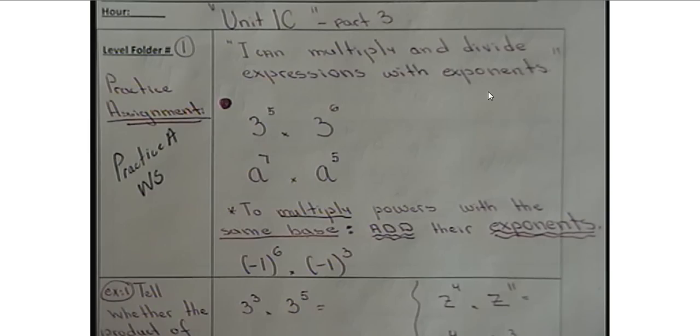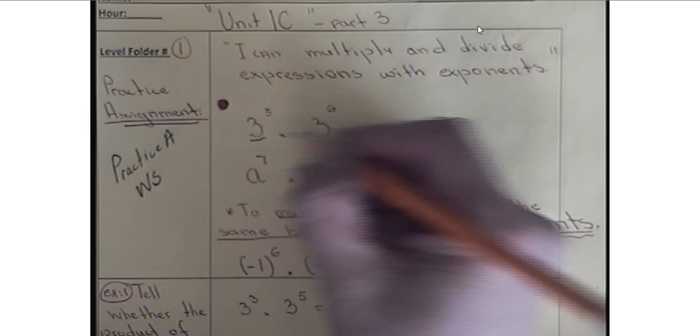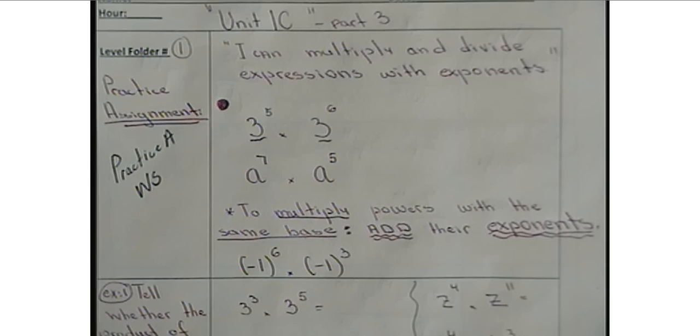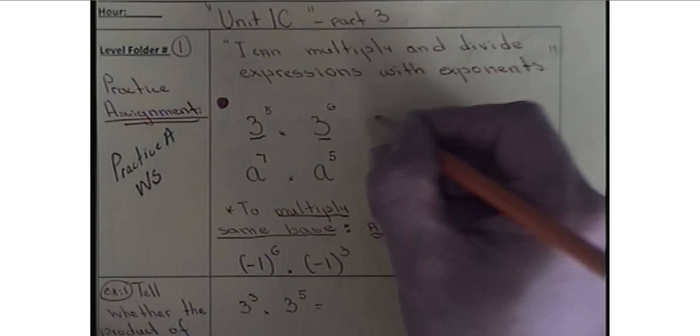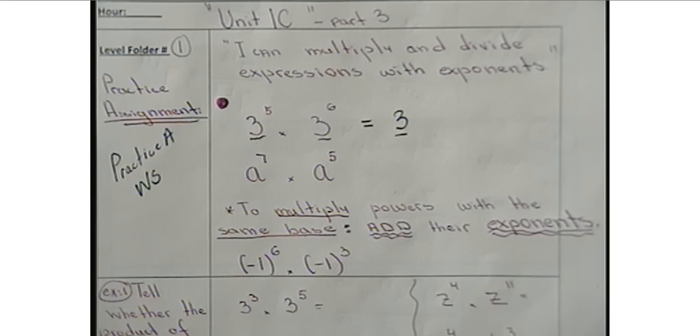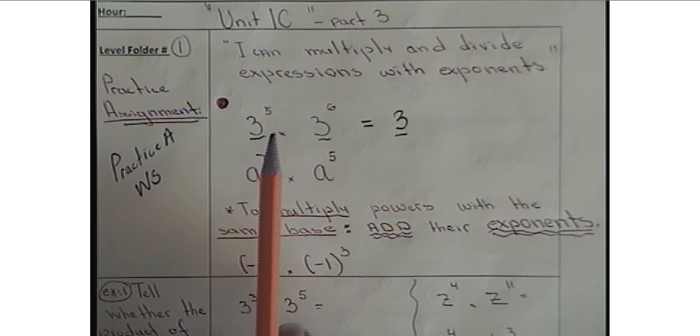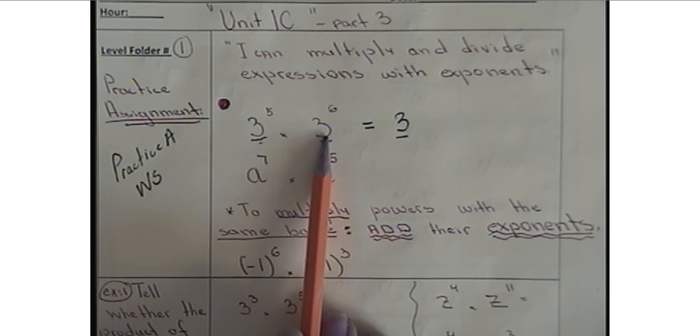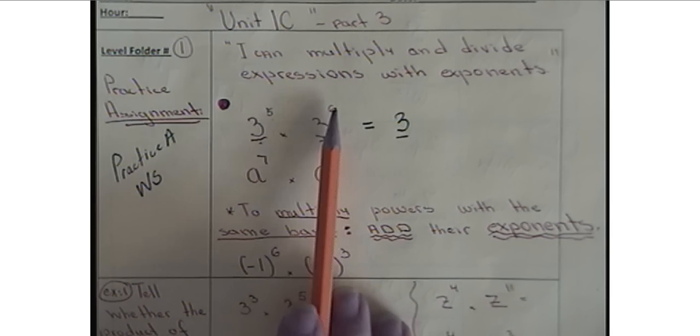First thing, when you multiply two powers, you have to make sure that their base number is the same. So we have number 3 here, number 3 here. The base is the same, so this will be equal to the same exact base 3. And now the focus is, when we multiply two powers, we add their exponents.